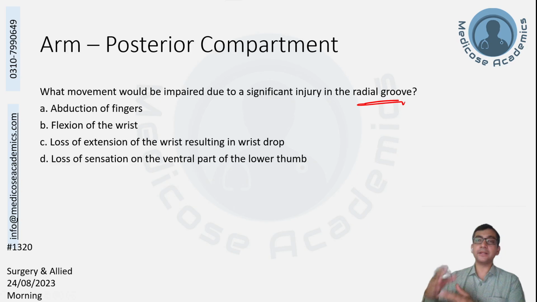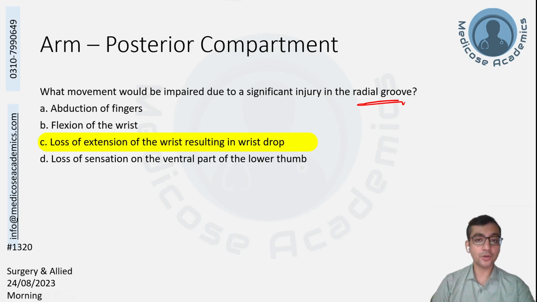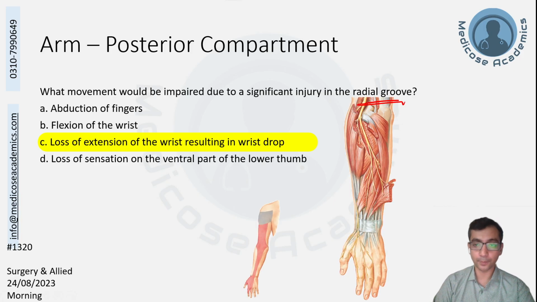And keep in mind that when there is a loss of nerve here in the arm, the elbow extension will remain okay because the triceps had already been supplied before the radial nerve entered the radial groove. Okay, so the correct answer here is loss of extension of wrist resulting in wrist drop.